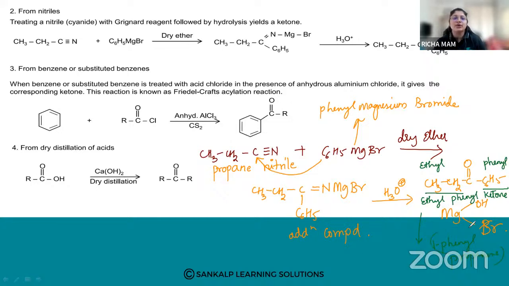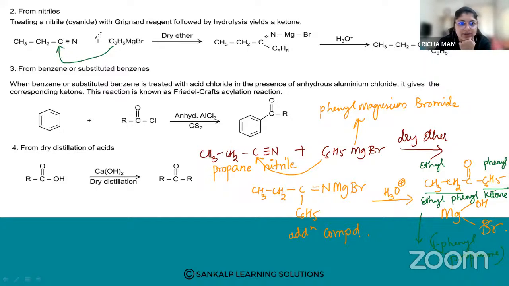So like this, you have to write the reaction. When nitriles react with Grignard reagent in the presence of dry ether, they will give you an addition compound. This addition compound will further undergo hydrolysis to give you the respective ketone. So what is happening here? Your C6H5 is reacting here.